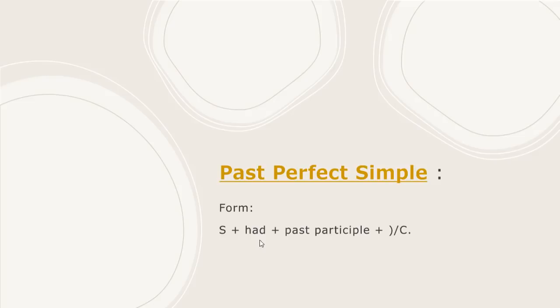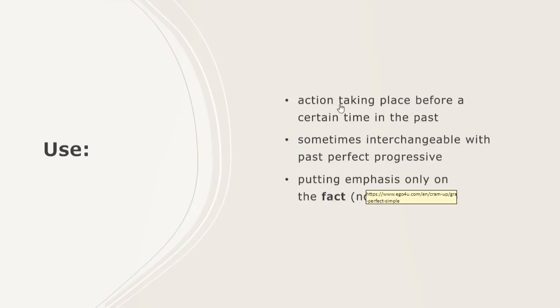All right, and then when a certain time in the past, sometimes interchangeable with the past perfect progressive. Okay, so we have to be careful with this, yeah. And then the next is putting emphasis only on the fact, not the duration. We are talking about the fact.